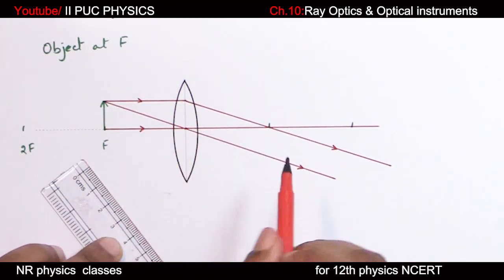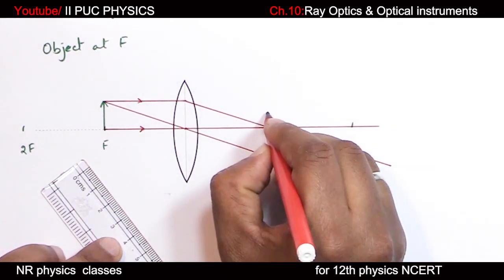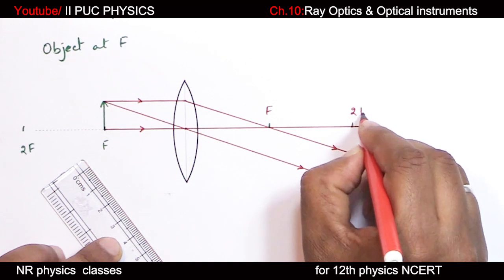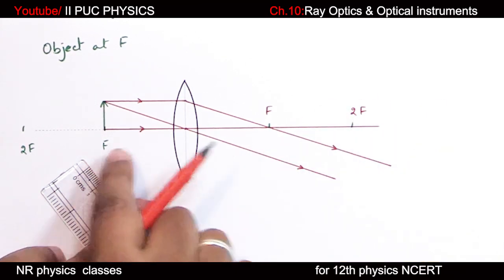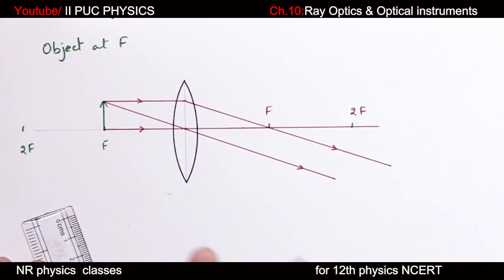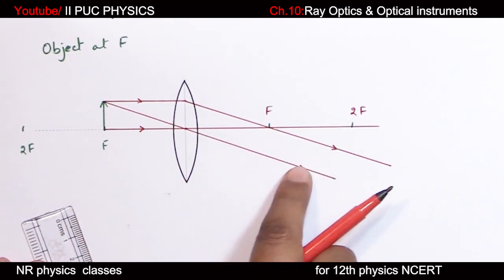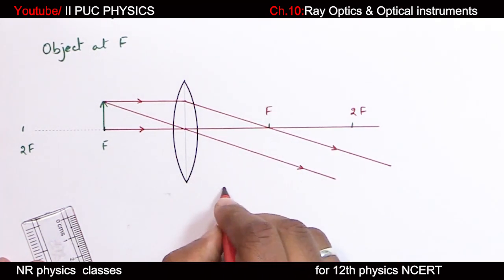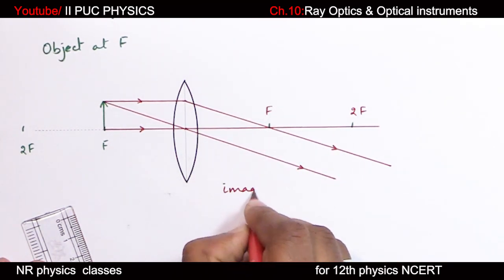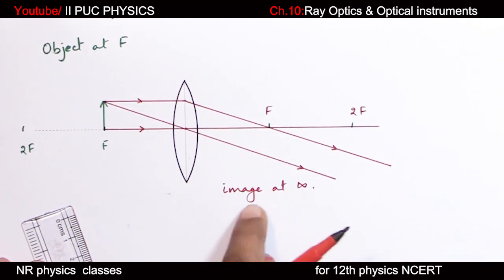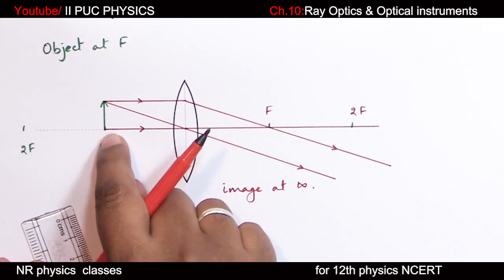When everything is over, you can write F and 2F, just like F and 2F. So what is the nature of the image? Image is at infinity. That is enough. Image at infinity when object is at F.